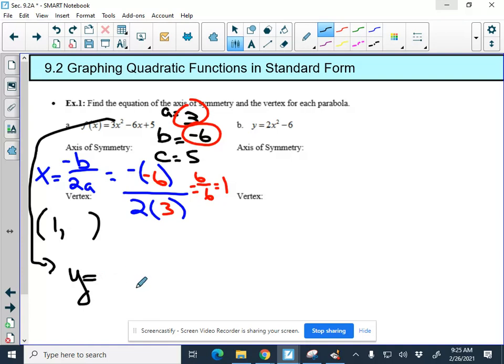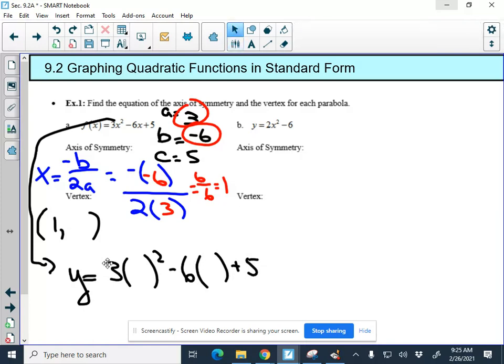Y equals 3 times x squared minus 6 times x plus 5. We are now going to, what I said on the first page, substitute for x. So in substituting for x, we're going to put the 1 in there for all of those.